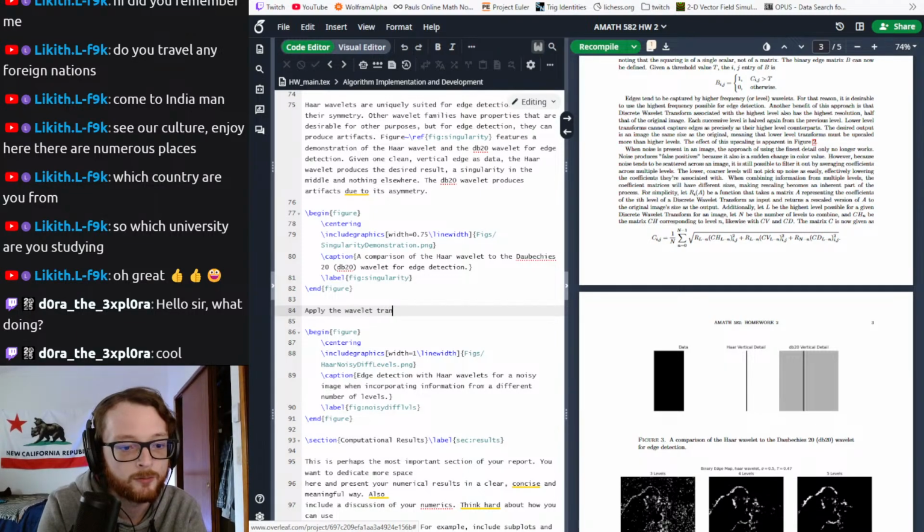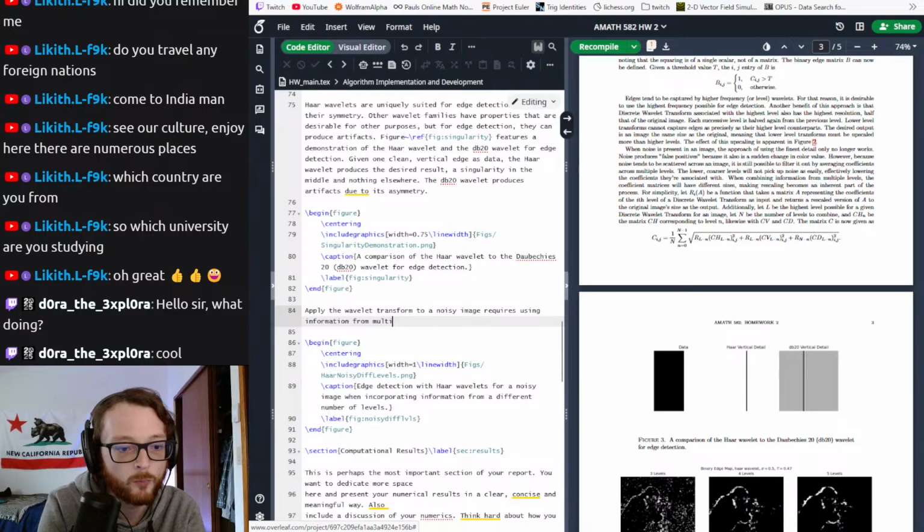Applying the wavelet transform to a noisy image requires using information from multiple levels.